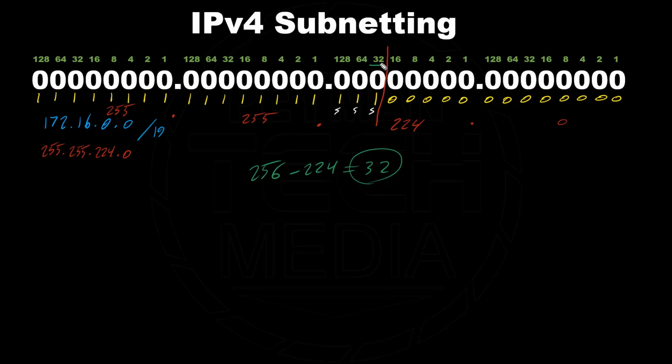That's the network increment. Then we have to find the zero network, or the first subnet. Basically, we have to turn off all the borrowed bits. In this case, which ones are the borrowed bits or subnet bits? These are the borrowed bits. So we turn off the borrowed bits, and then write down the IP address where every octet has all its bits turned on.